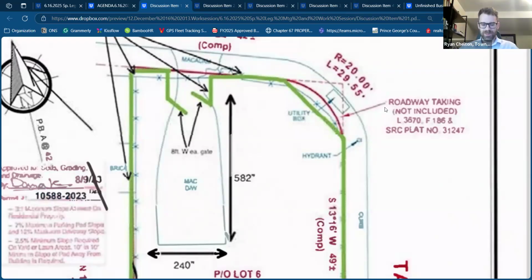Yes, we can't guarantee that SHA will move quickly on the installation of a no right on red sign. But after speaking with the police department about this a little, that would mitigate some of the concerns.